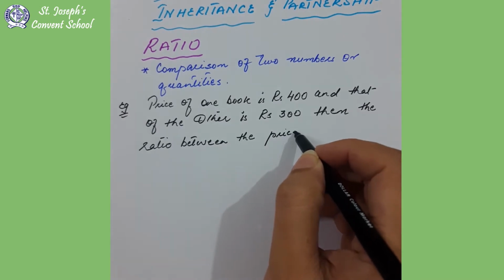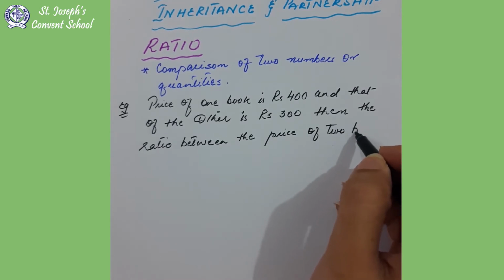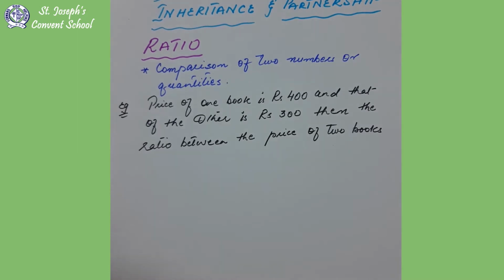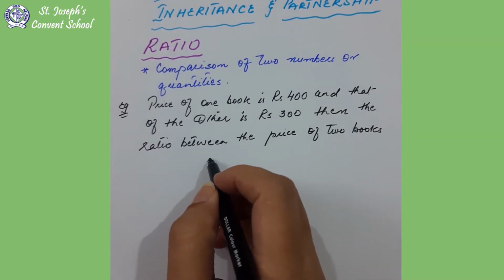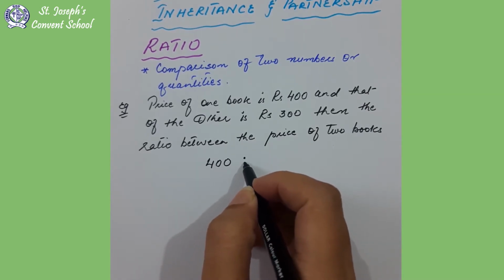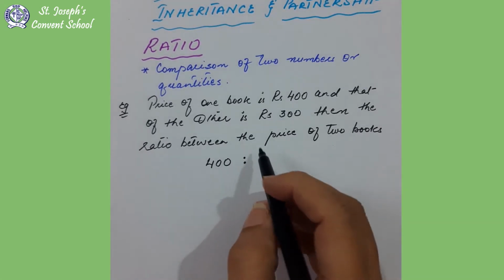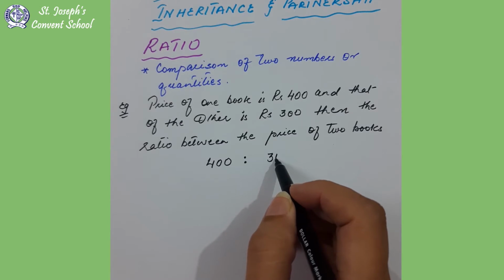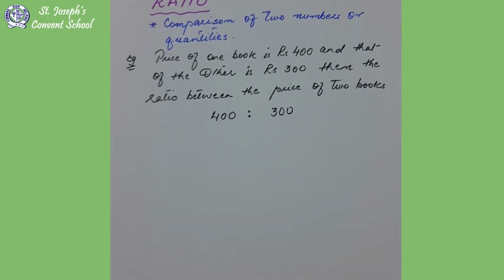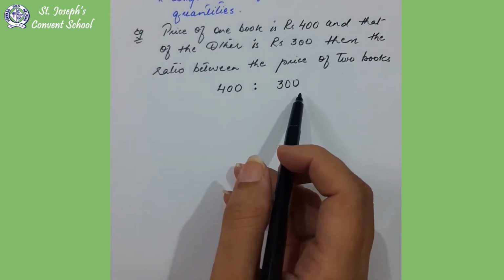The price of the first book is 400, and we put this sign, these two dots, which means ratio. The price of one book is 400 and the price of the second book is 300, so we write it like this, 400 is to 300. This way we compare them.